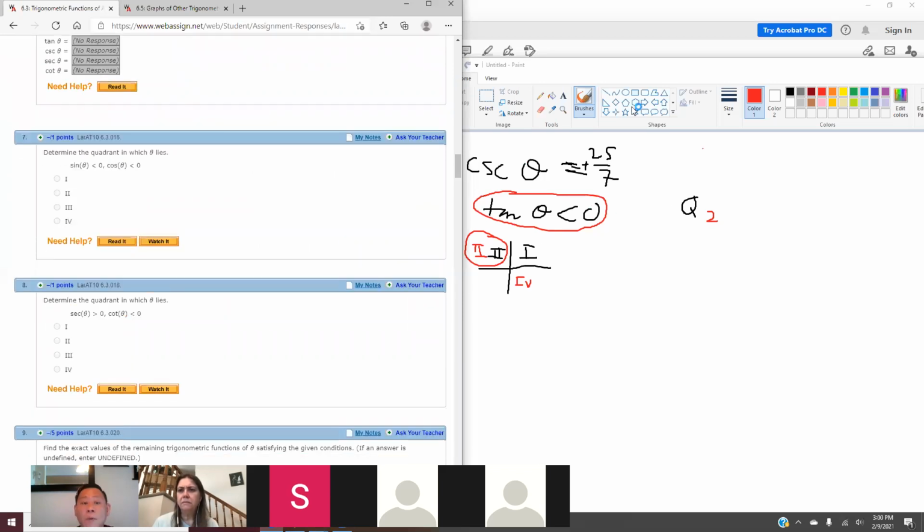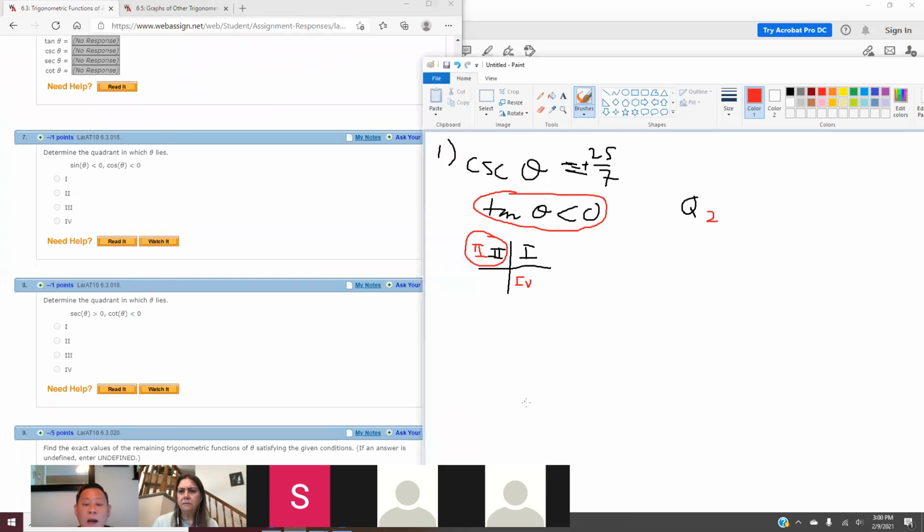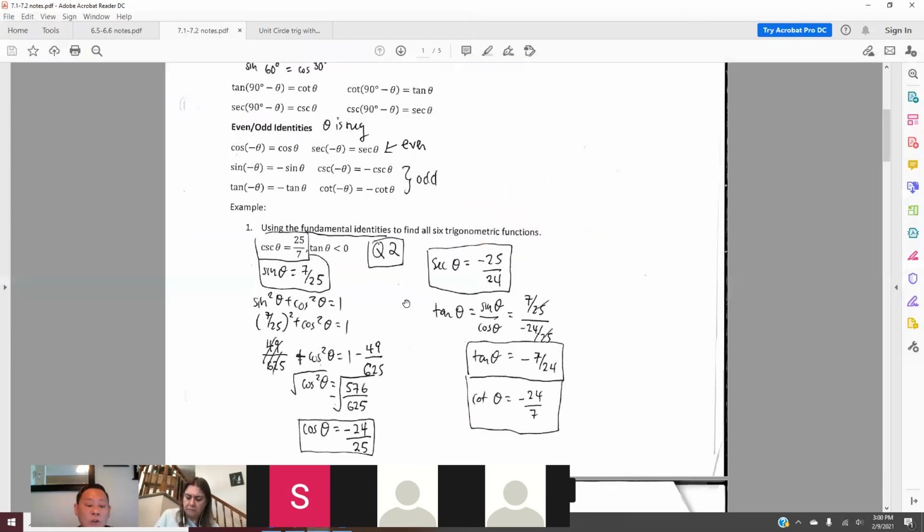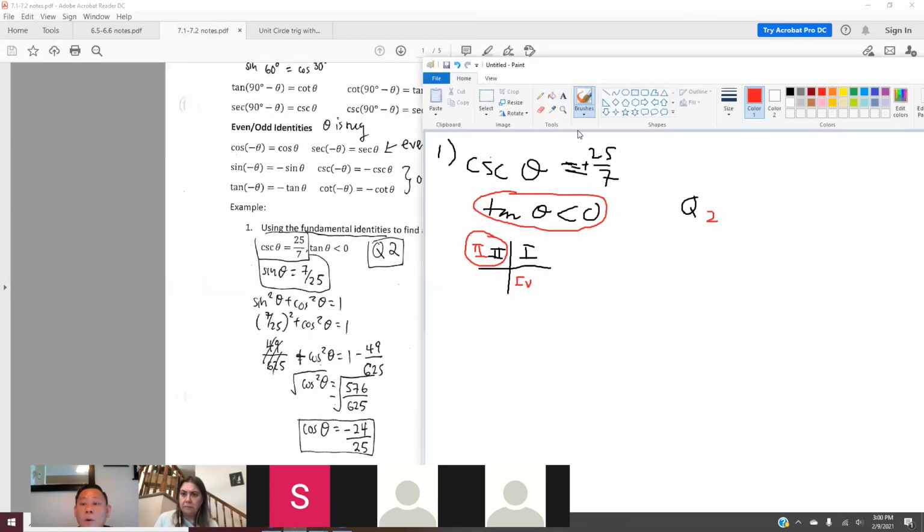Okay. So what you need to do next, once you finish this, is use your SOHCAHTOA. Cosecant theta is 25 over 7, so sine, the reciprocal, you flip it, is 7 over 25. And then you draw yourself a right triangle. Sorry, this is quadrant 2.